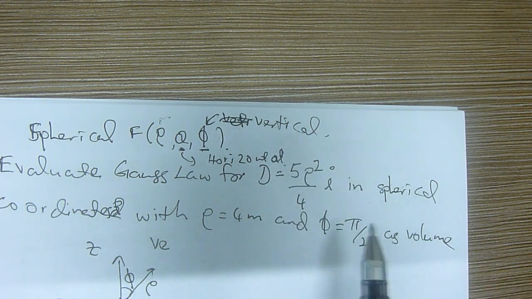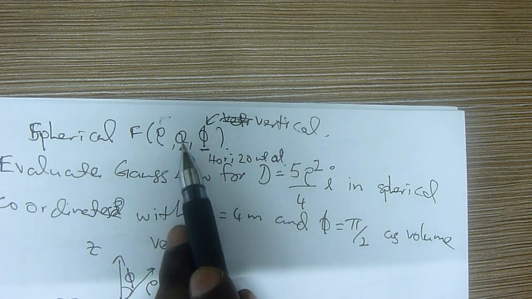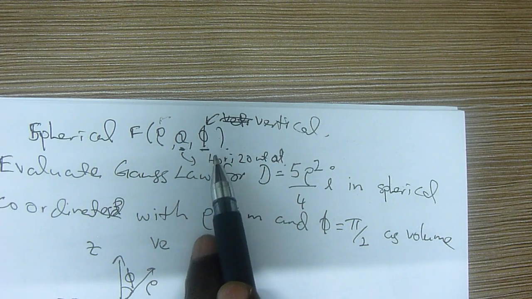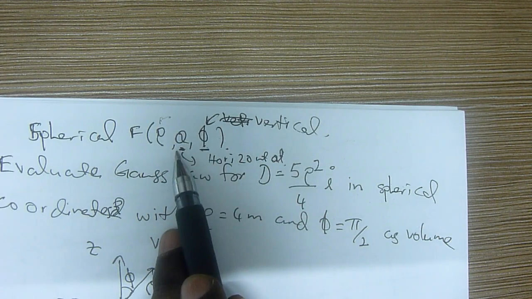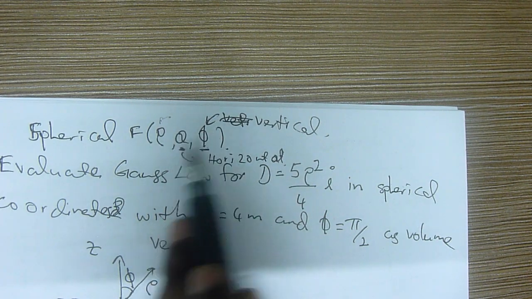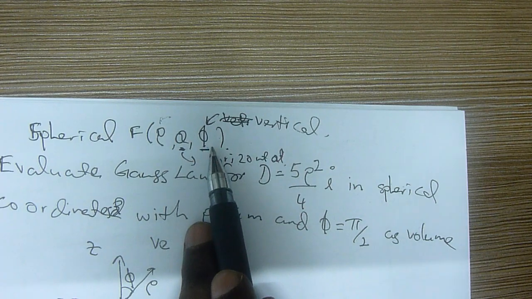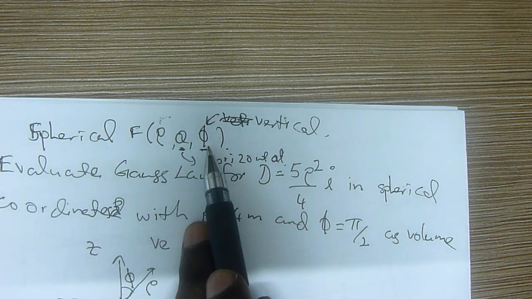But the question in the quiz refers to it the other way around: they take theta as vertical and phi as horizontal. They exchanged these things, it depends on the problem. But anyway, you need to carefully solve the issue.